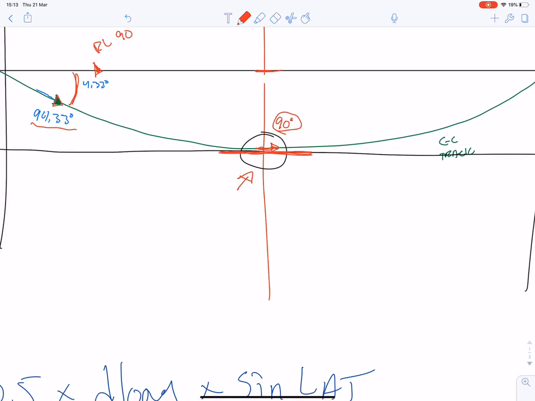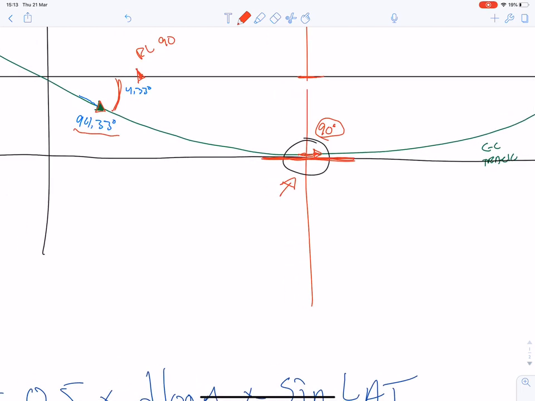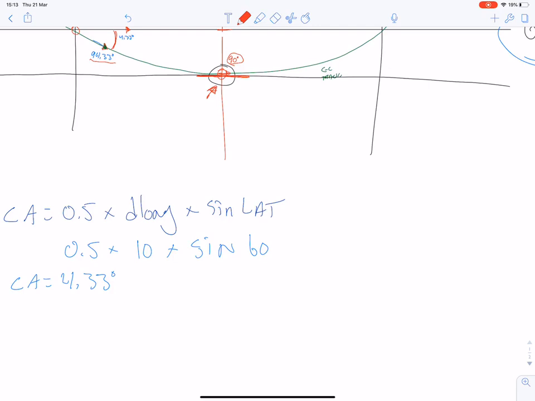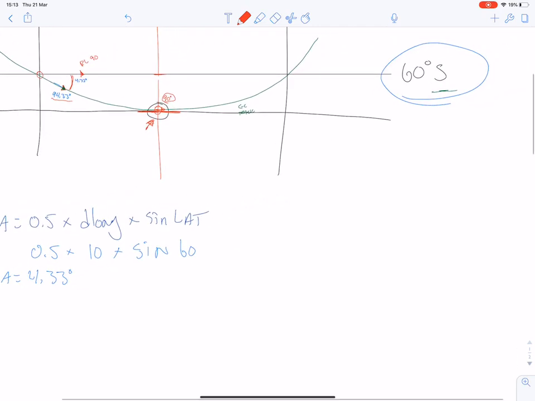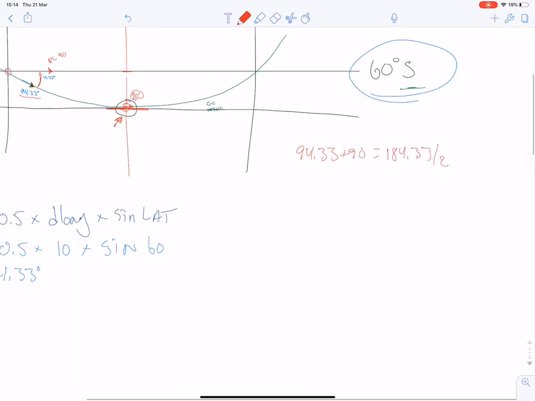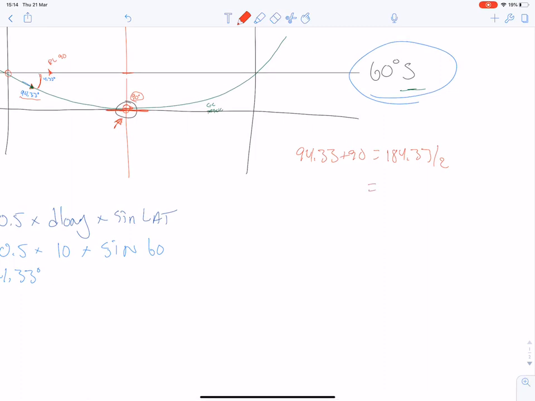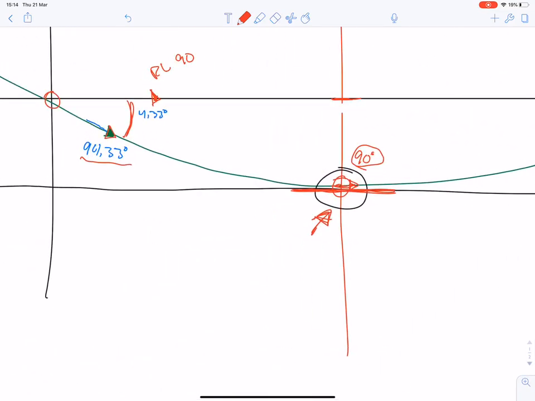So we can see that the average great circle track from this location here to this location here is 94.33 plus 90 equals 184.33 divided by 2 to get the average. So the average great circle track will be 92.165 degrees. That would be the average great circle track for this complete leg here.